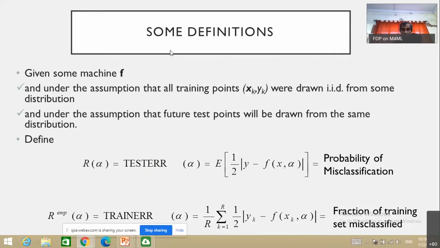For these measurements, we are assuming that my classifier is F, my machine is F, under the assumption that all training points are drawn from the same distribution and the test patterns will also be drawn from the same distribution. This is the underlying assumption. Otherwise, if I train a system on, say, human beings and try to test it on some animal, it will never work.